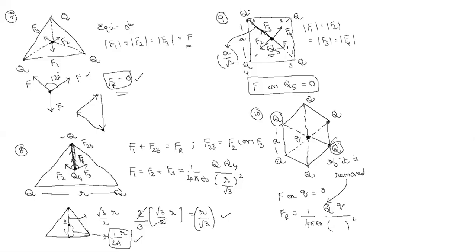So half of the diameter is A. This side length is A. So the distance between them, I have to write A squared.